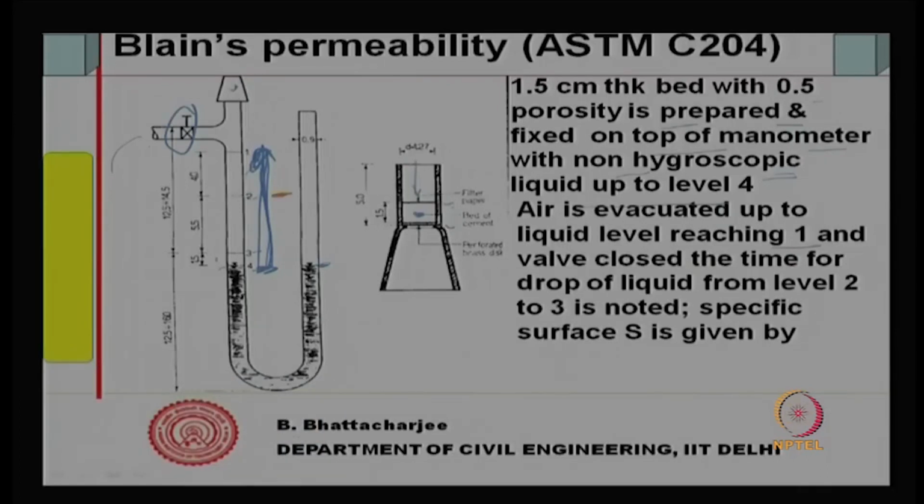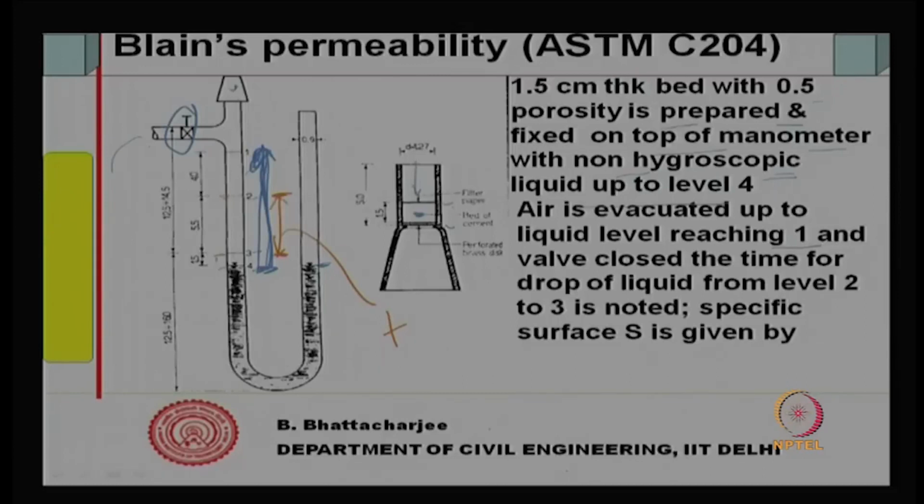So, from here to here, 2 to 3. So, note the time required. What you do is, you suck it up or evacuate it such that this liquid reaches here, then it will start falling. The moment it reaches here, you start your stopwatch and stop the stopwatch at this point.